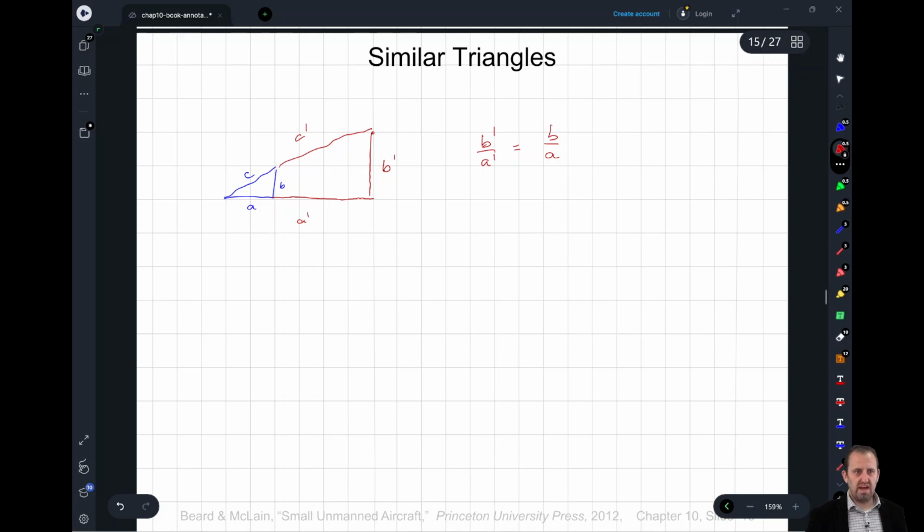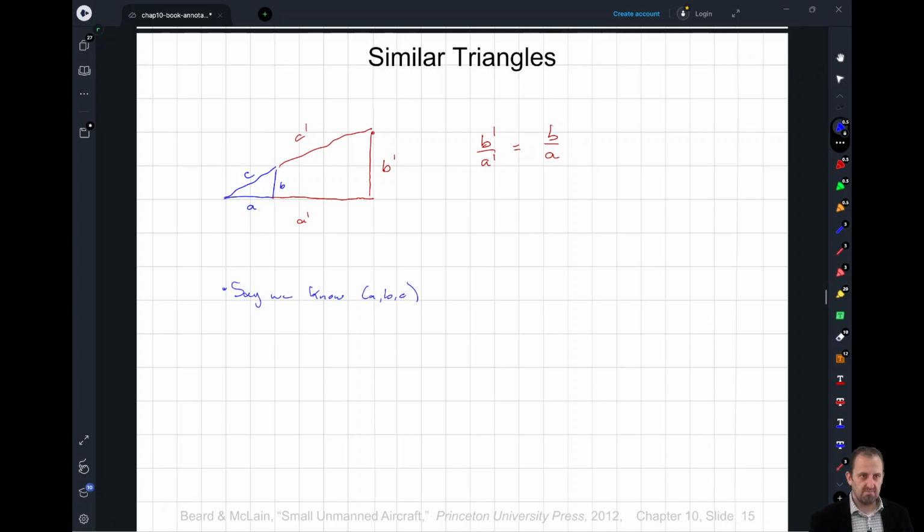So now that's back from days of geometry. We have these similar triangles. So now going back to blue, say we know A, B, and C. So you know the sides of the triangle for the blue triangle.